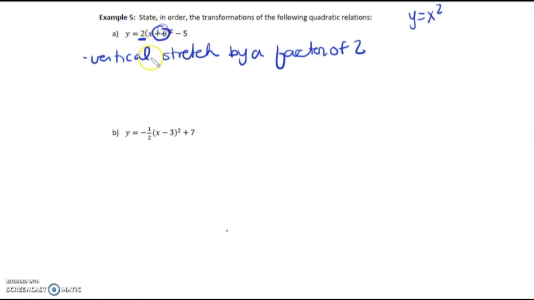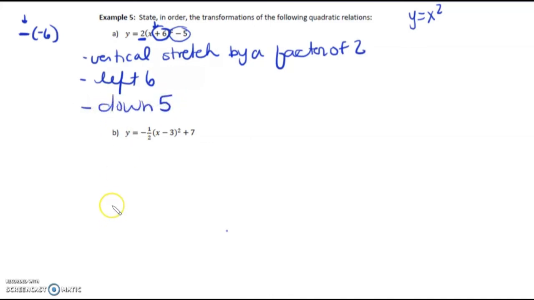This one looks positive, so positive 6, but remember, this would have to have come from negative 6, because there's that built-in negative sign. So this moves to the left 6. Now the negative 5, that's straightforward, down 5. And that's it. Okay, next one.